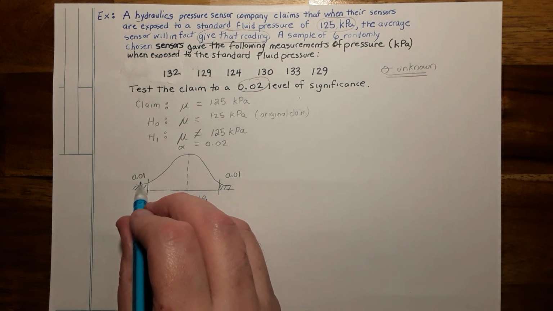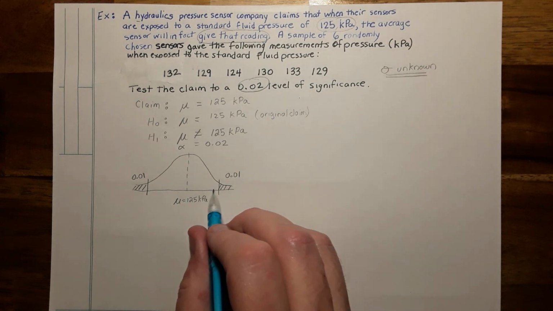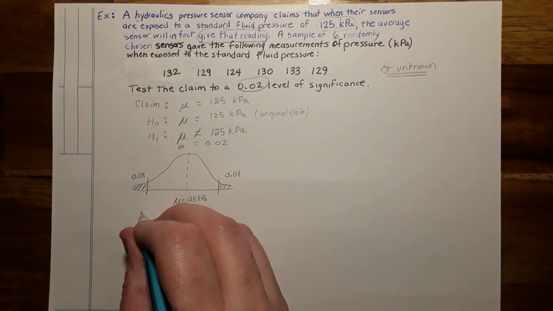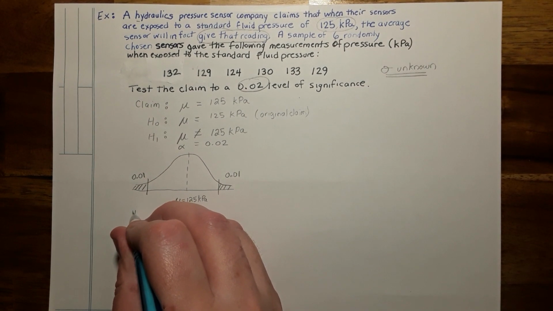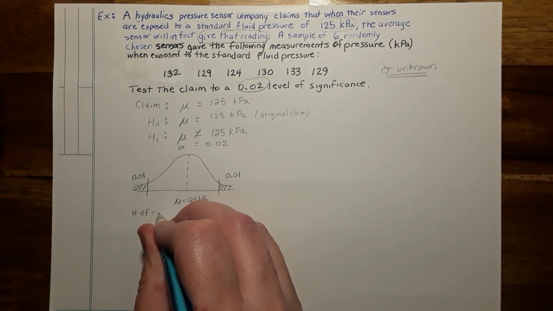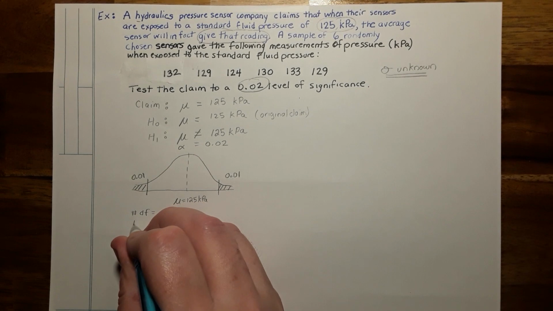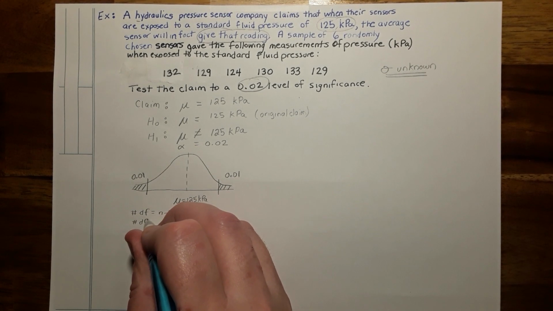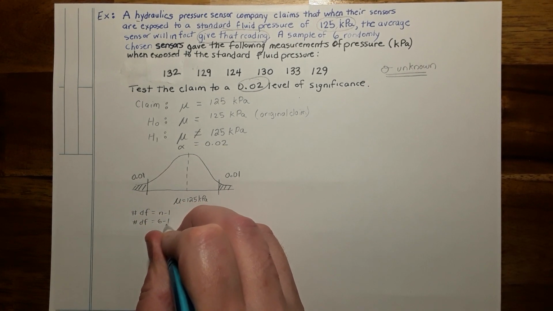So we've got a 1% tail on the left and a 1% tail on the right. We have to use the T-score. The T-score uses degrees of freedom, which is sample size minus 1. So we've got 6 minus 1.